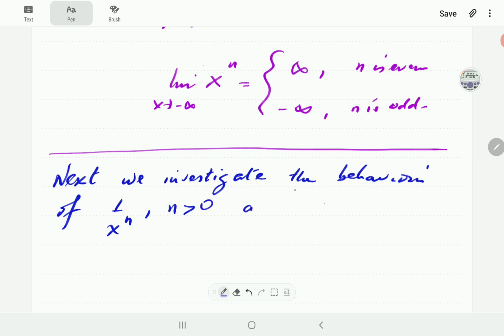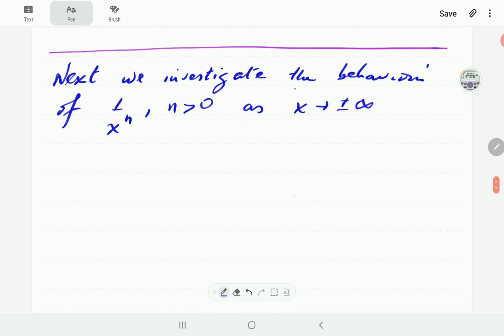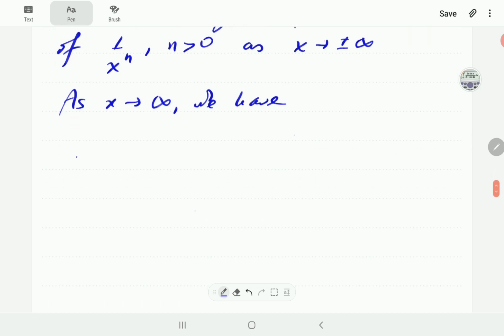N is still positive. Again, we're going to look at the two cases: as x goes to infinity and also as x goes to minus infinity. So let's start with the infinity case.